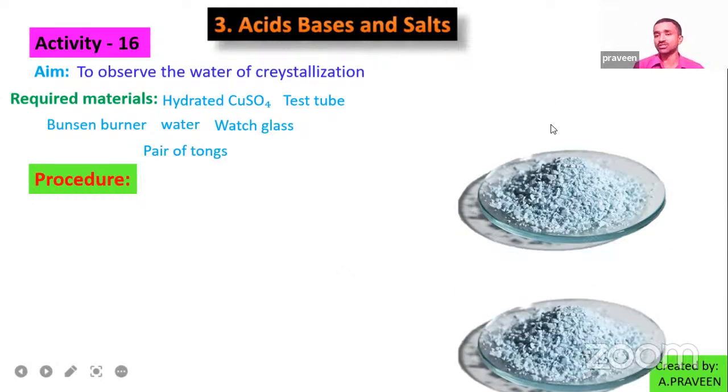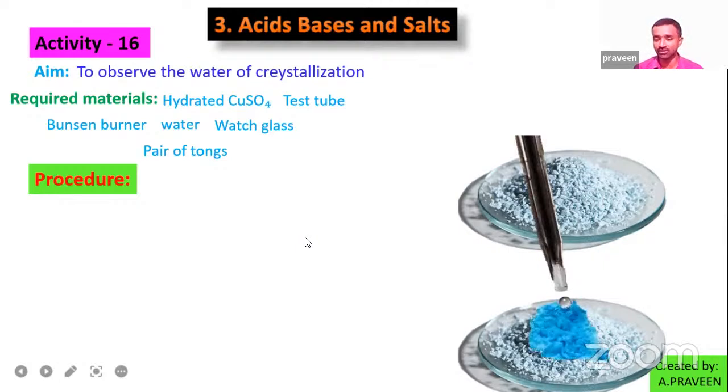You can keep one sample in one watch glass and some sample in another watch glass, then add water droplets to one of the samples. Suppose on the second watch glass I am adding a few droplets of water. What happens on adding water droplets to the heated copper sulfate, the white crystals? It reappeared in blue color.